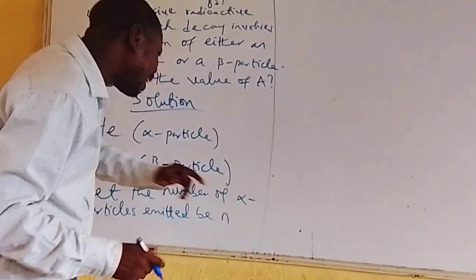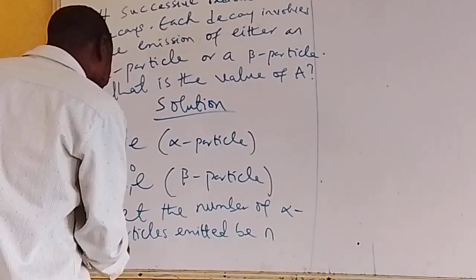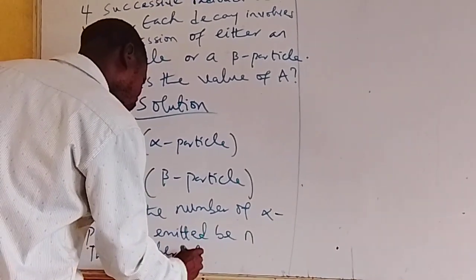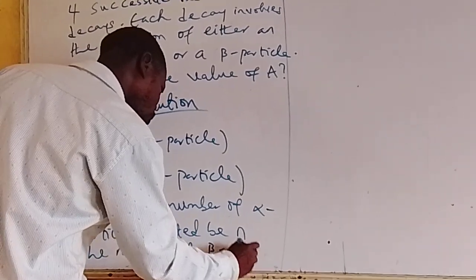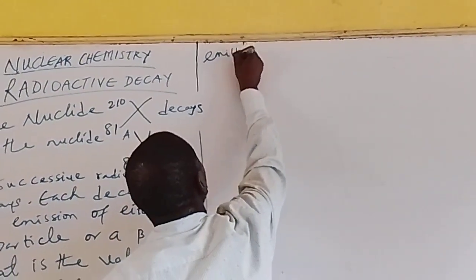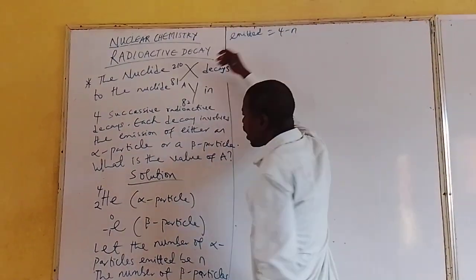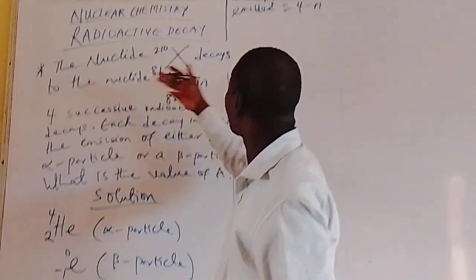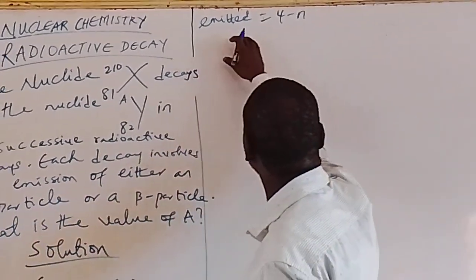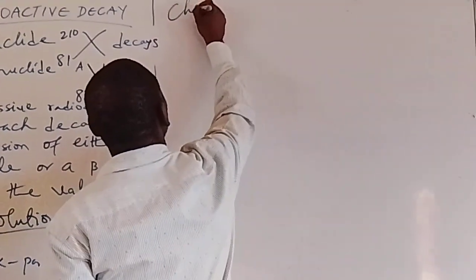Now, if we are having n alpha particles, and the number of beta particles is unknown, then the number of beta particles emitted is equal to 4 minus n, because the total number of particles emitted is 4. So since the number of alpha is represented as n, the number of beta will now be 4 minus n.